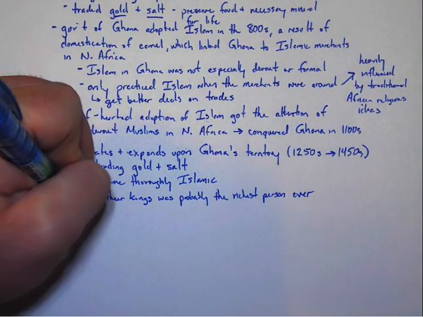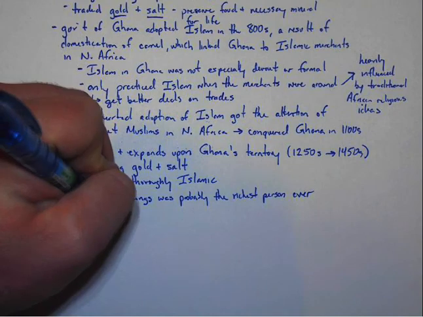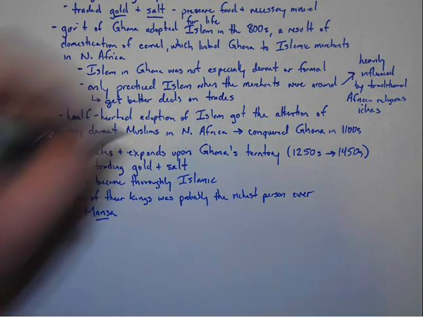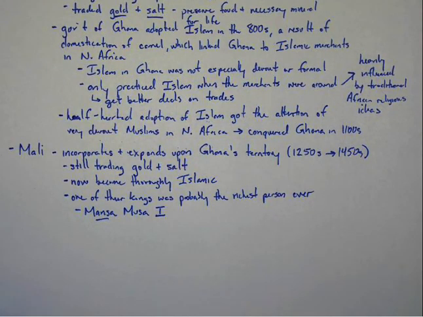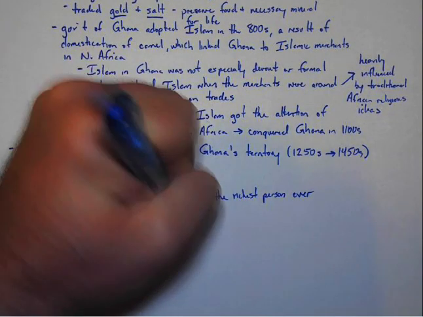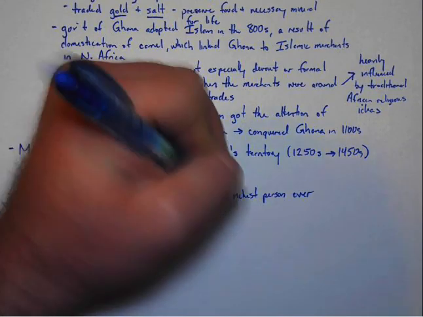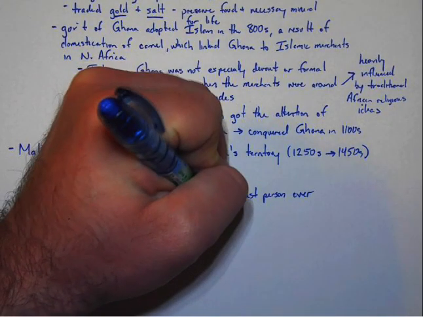His name was Mansa, which is the word for king, Mansa Musa the First. And he is in charge of Mali from 1280 to 1337.